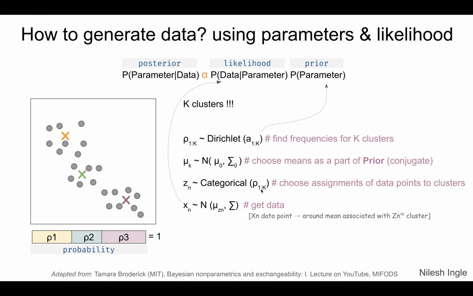And finally, to get the data, we can use the mean for the cluster to which the data point would be assigned, Zn, and the covariance sigma. And those are tied into the relation that we have up above, which is the likelihood and the prior.